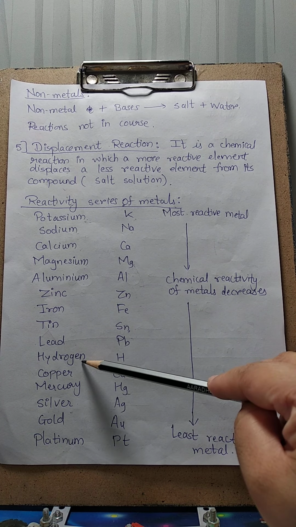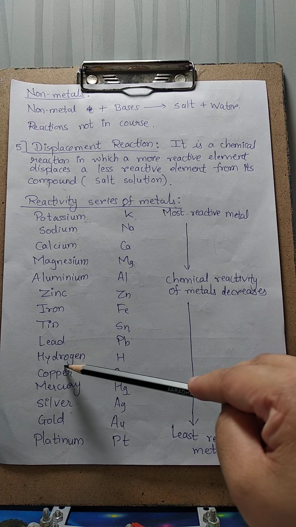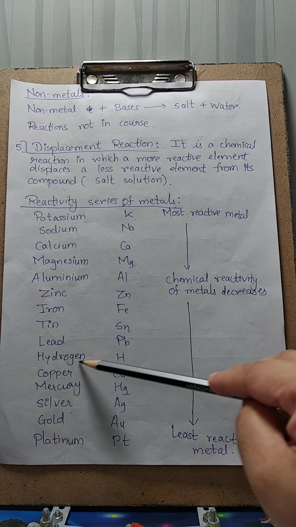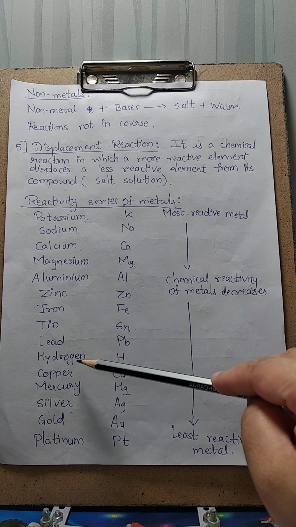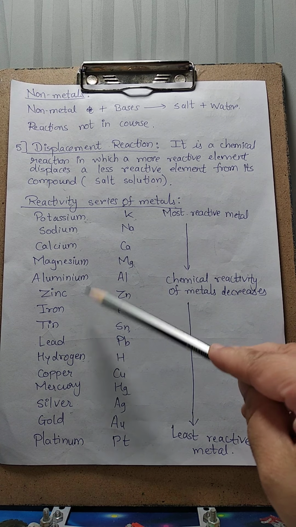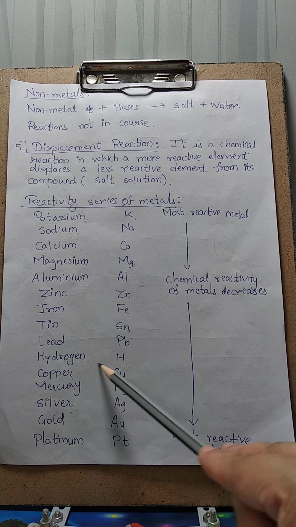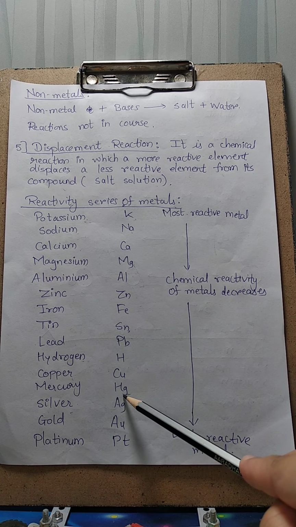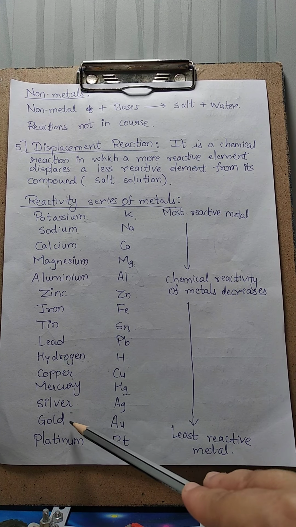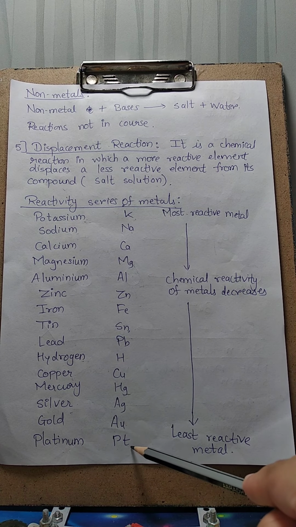Pb, hydrogen. Now this hydrogen, which is a non-metal, comes in the reactivity series. We will see why it comes in between the group of metals. Then next to hydrogen is copper, Cu, mercury, Hg, silver, Ag, gold, Au, platinum, Pt.